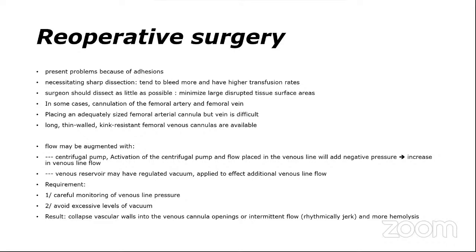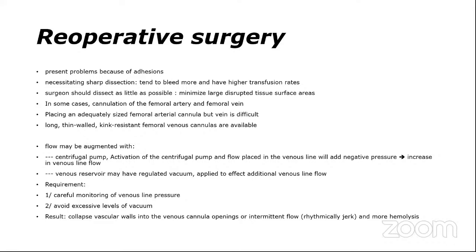And a requirement while doing that: we have to carefully monitor the venous line pressure, and also avoid emptying or an excessive level of vacuum, because either of these two will result in collapse of the vascular wall into the venous cannula.